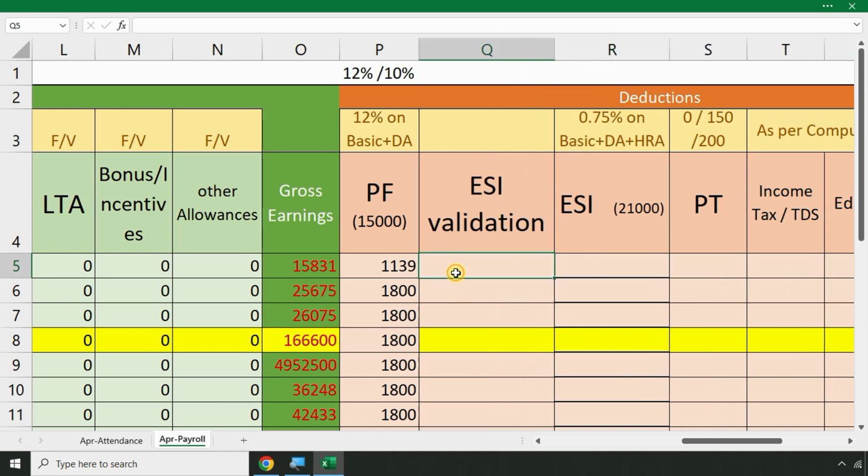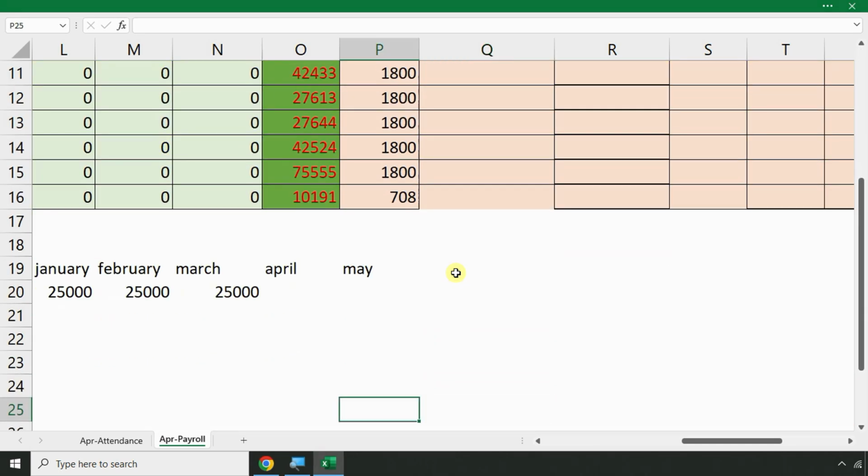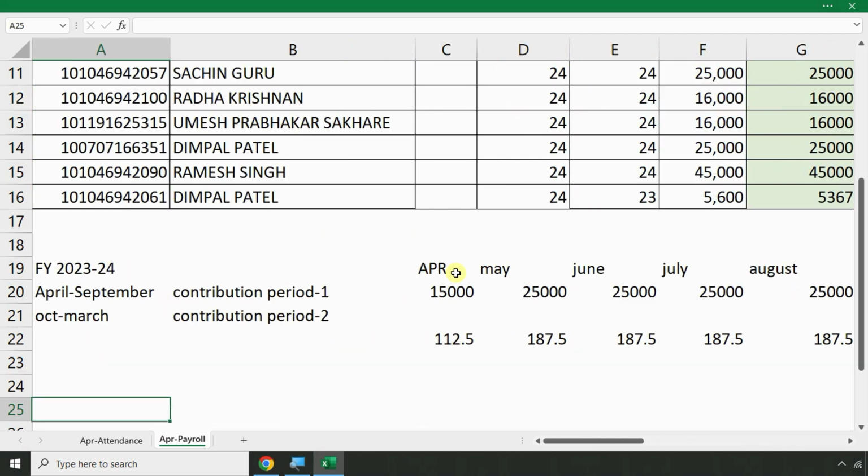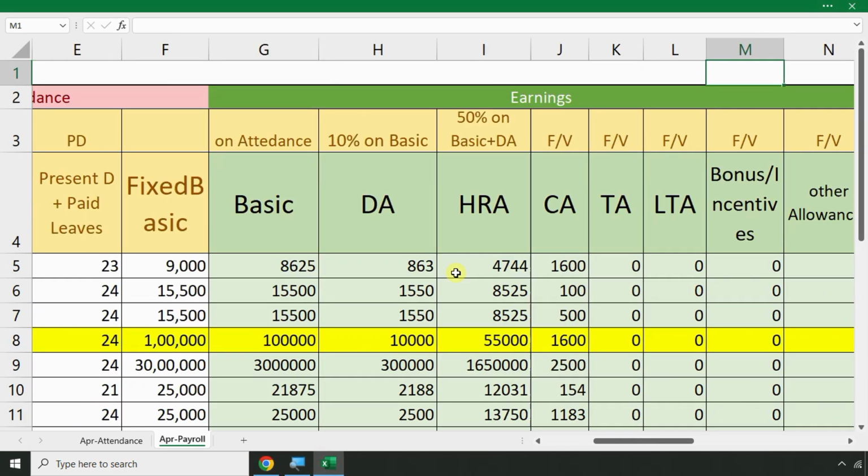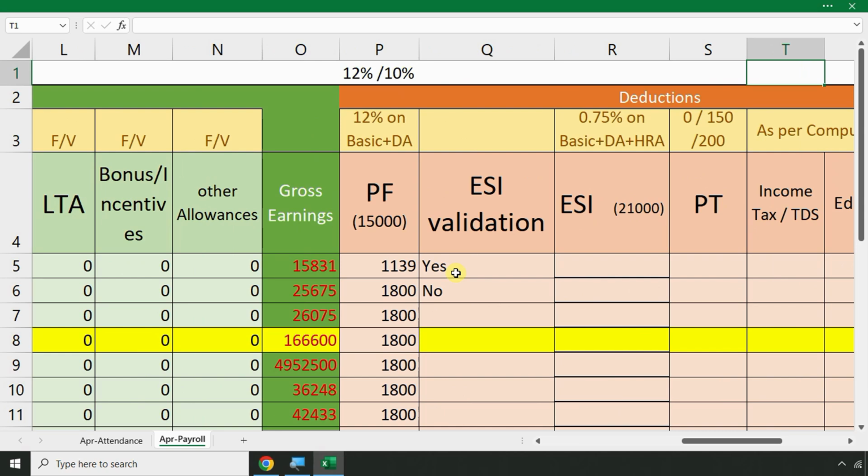Add a validation saying yes or no for allowing ESI benefit for these people. You set the validation manually based on these rules. Set up the yes or no options manually, and then you continue the calculations.